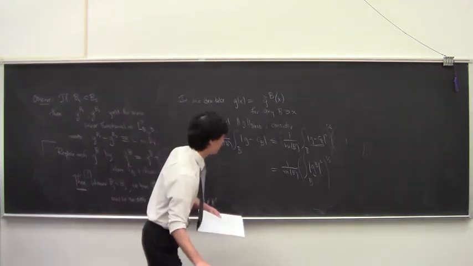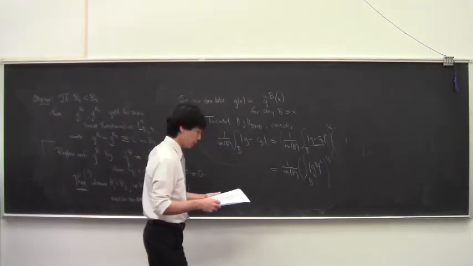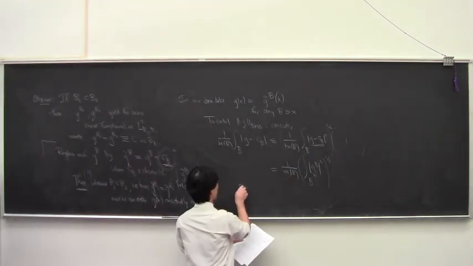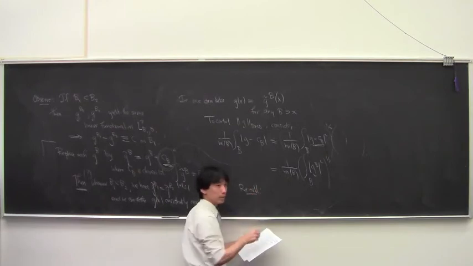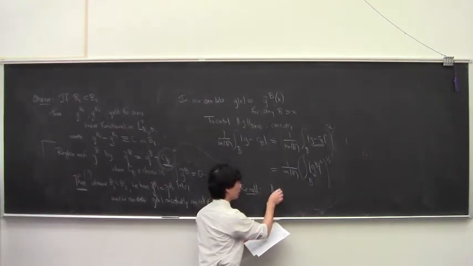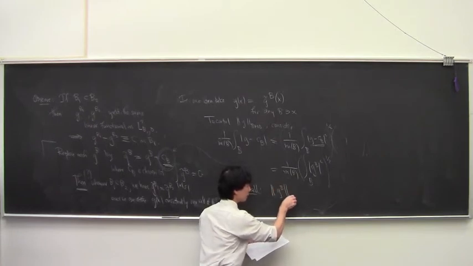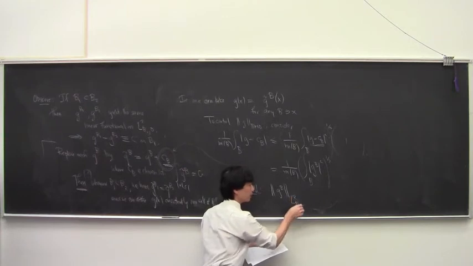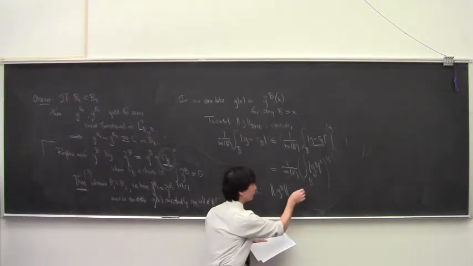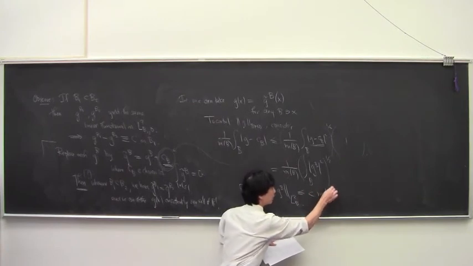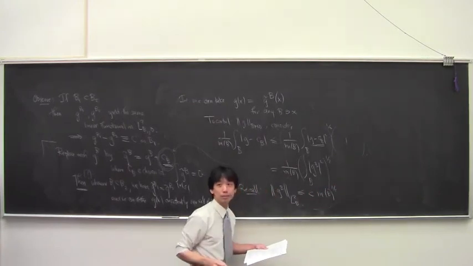Okay. But now recall how we got the g sub B's. They were the guys we had some control on the L2 norms, right? The L2 norms were all controlled by some constant times the square root of the measure of the ball, right?